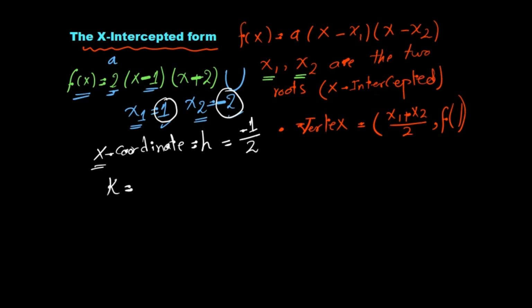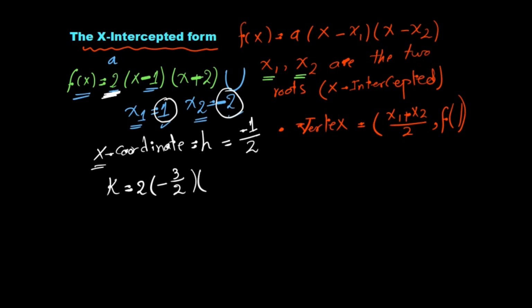How to find k, the result? Substitute now: put x as -1/2. It's going to be 2, this is a, times (x - 1), which is -1/2 minus 1, that's -1.5, which is -3/2.